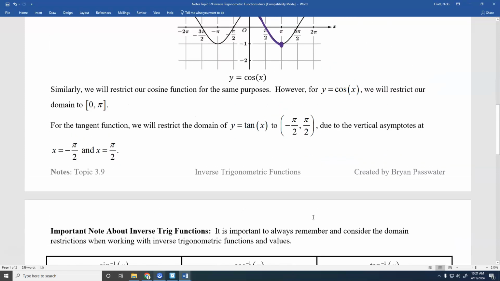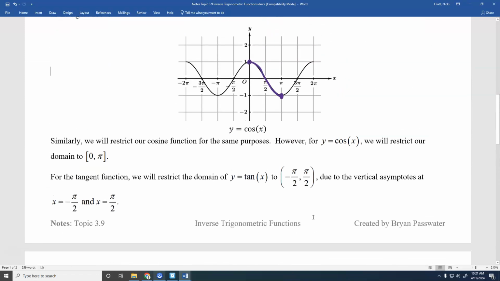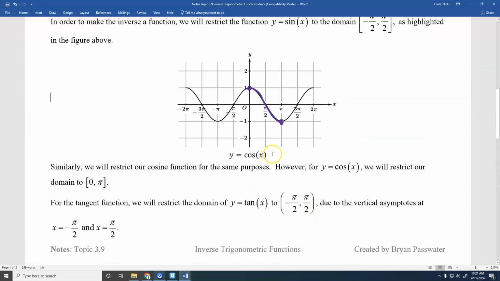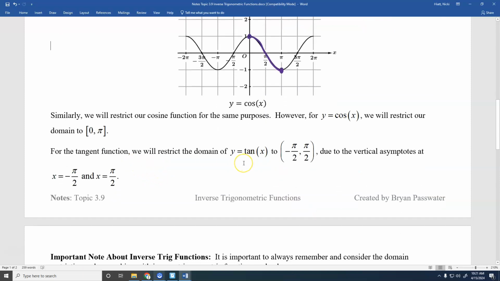For tangent, tangent is sine over cosine, and because of your vertical asymptotes, you're going to go from -pi/2 to pi/2. If you think about the graph of tangent, you have vertical asymptotes at -pi/2 and positive pi/2, and then it starts to repeat again after that.